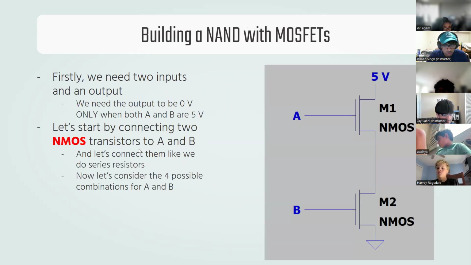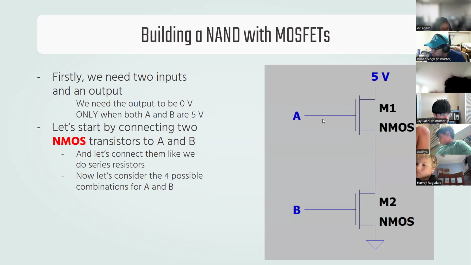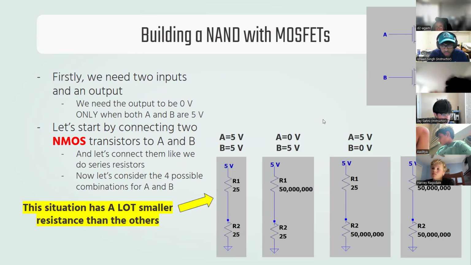So we need two inputs and an output. Let's start by just connecting two NMOS transistors to A and B. And let's connect them like we would a series resistor. And now let's consider the four possible combinations of A and B. So combination 1 is right here.